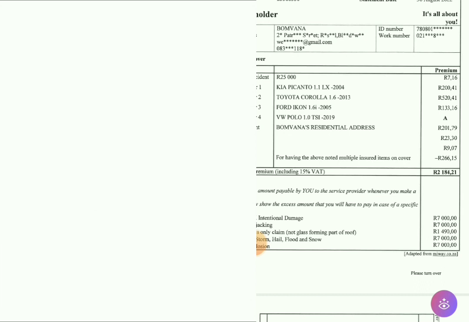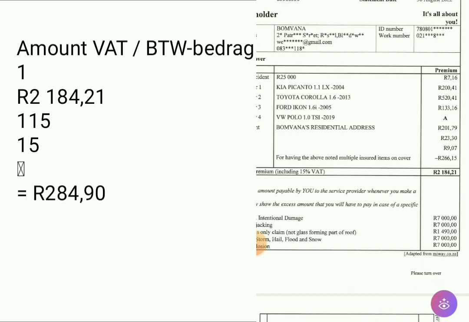The answer is 284.90. That's the VAT. 15 divided by 115 multiplied by 2,184.21, which is the total, divided by 1. That's how you find VAT. That's how you find the amount of VAT.